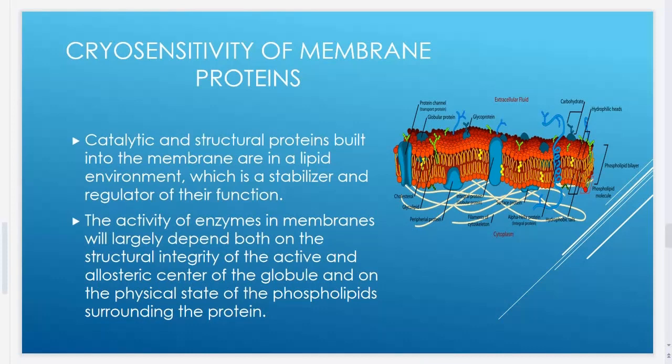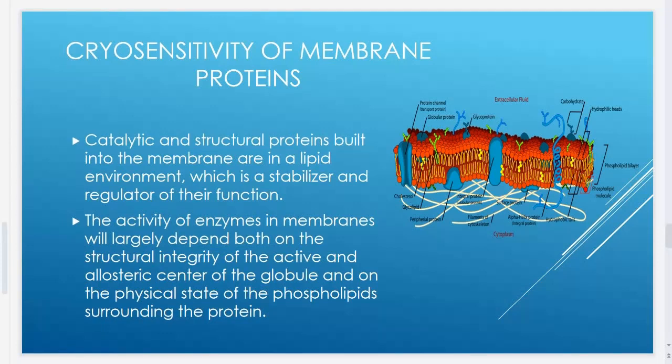Membrane proteins act as transporters, anchors, receptors, and lastly enzymes. Different types of membrane proteins associate with the lipid bilayer in different ways: transmembrane, monolayer associated, lipid linked, and protein attached.